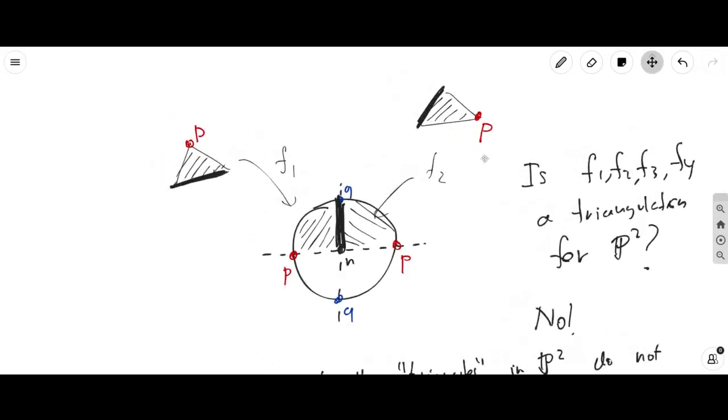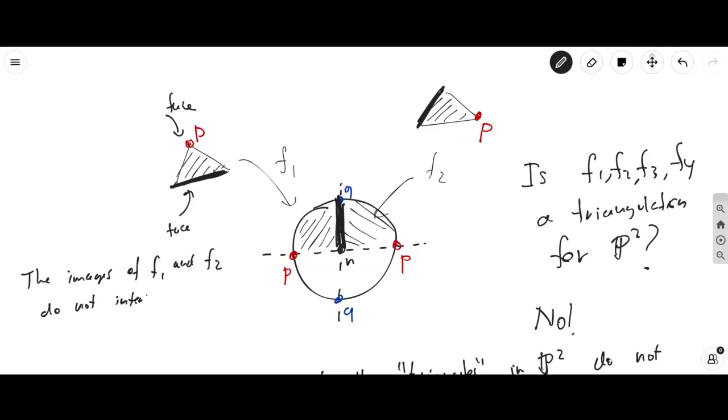And why is this a problem? Well, this is a face of dimension 1, and that's a face of dimension 0. But the intersection, I'm sorry, of the triangles, let's say the images of F1 and F2, do not intersect in a common face.